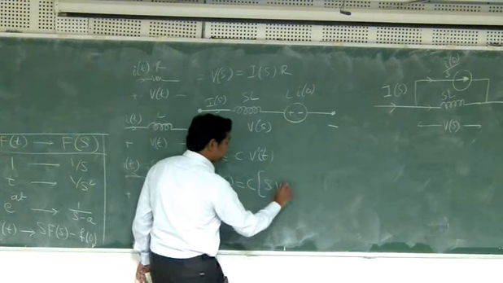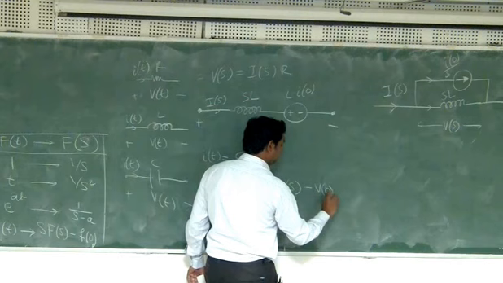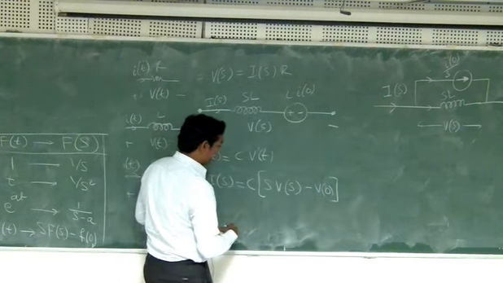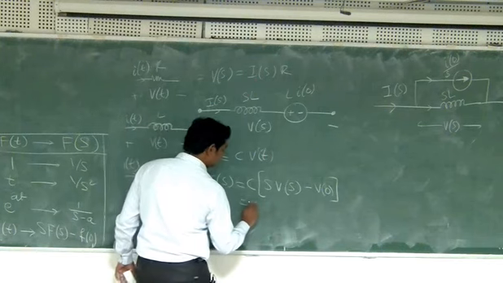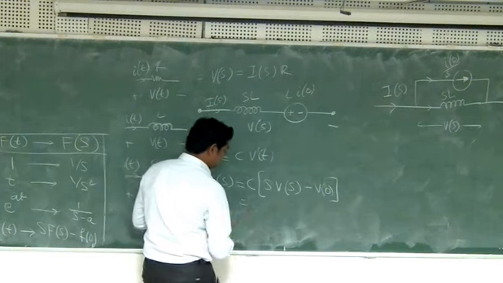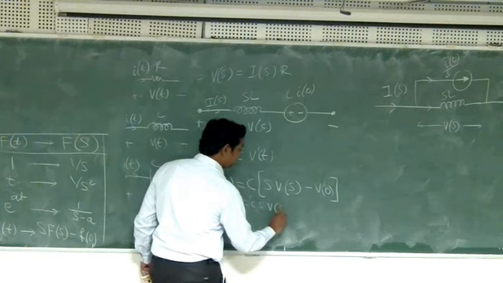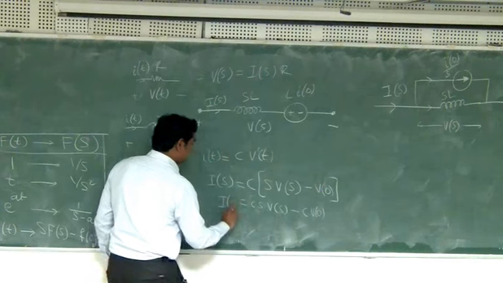S into V of S minus V of 0. So I can write Cs into V of S minus C into V of 0. So this is I of S.